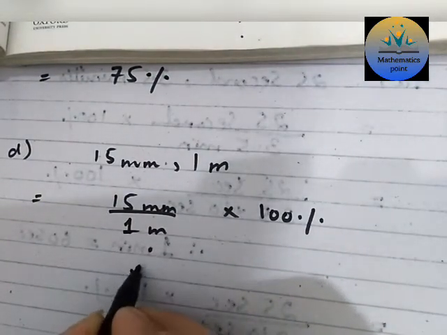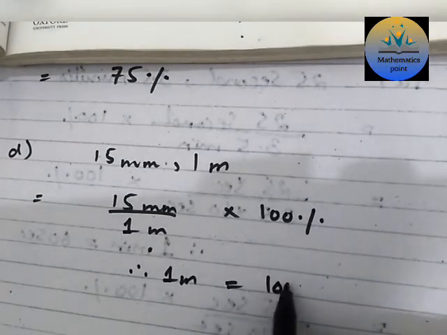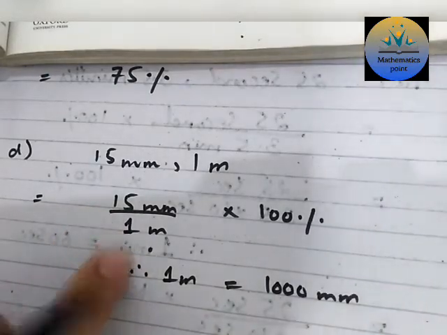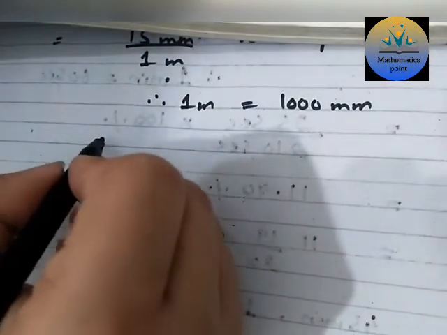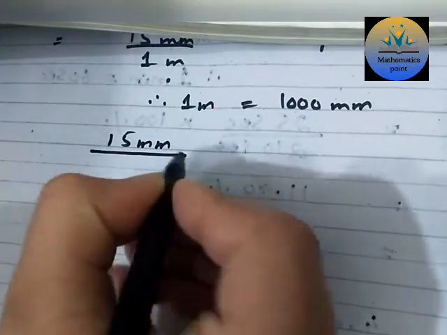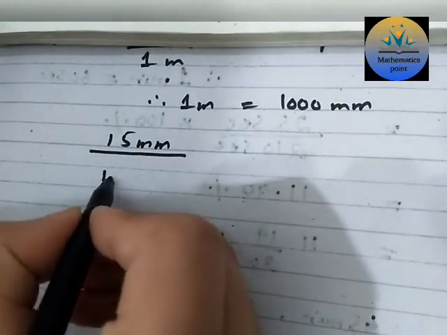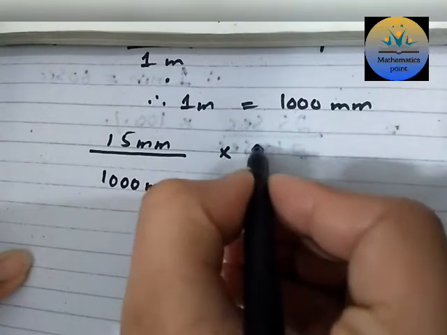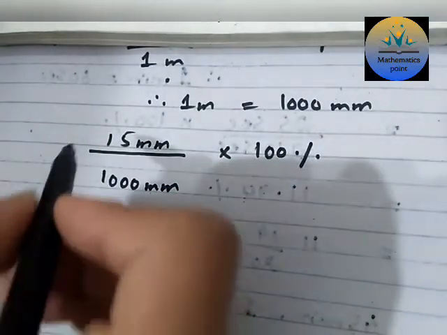Now in 1 meter there are 1000 millimeters, so we convert 1 meter first. So 15 millimeters over 1000 millimeters, multiplied by 100%. Now do the simplification.